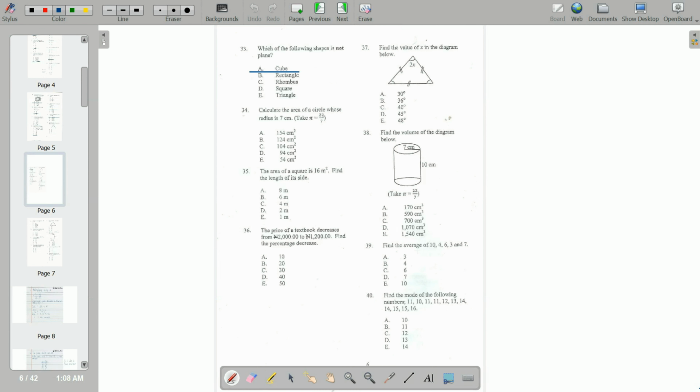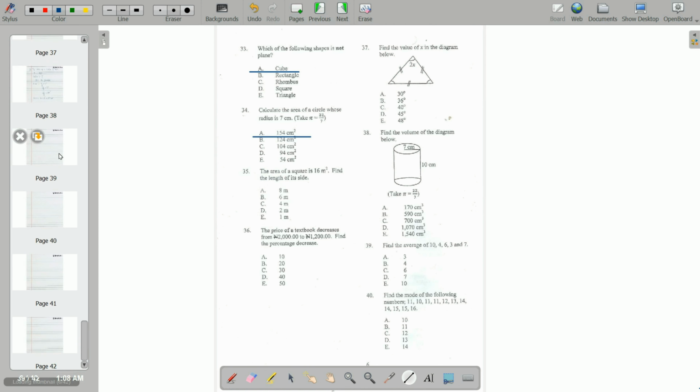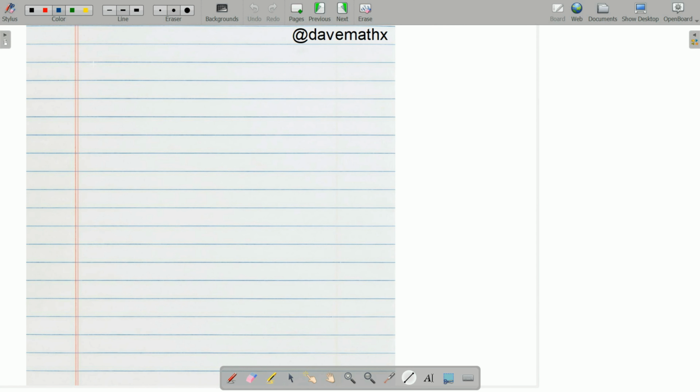Next is question 35. The area of a square is 16 meters square. Find the length of its side.